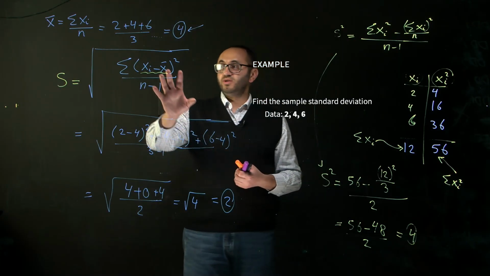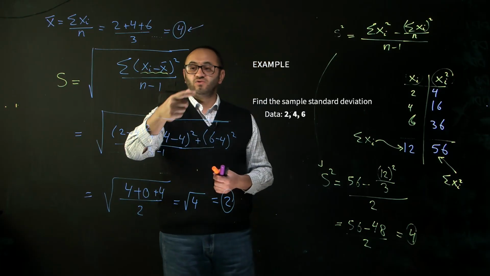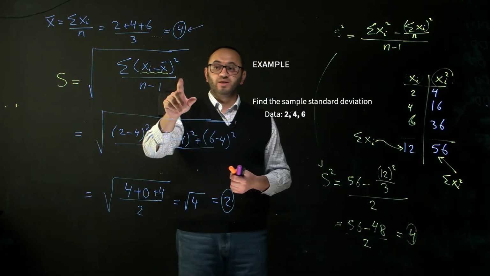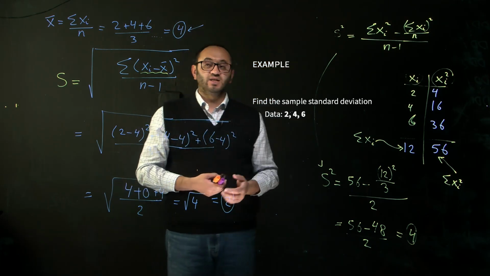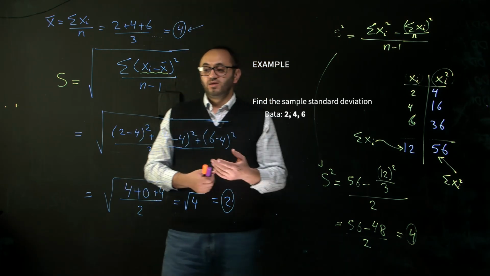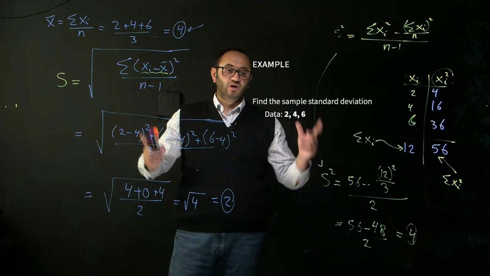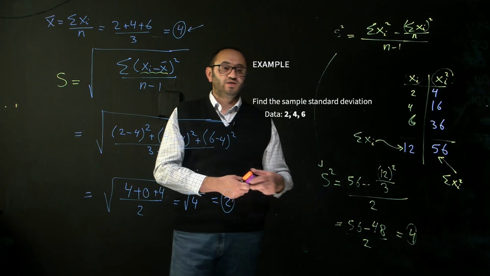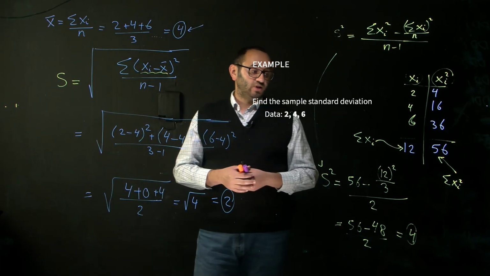For example, here in this example, our x bar is 4. It's very easy to calculate xi minus x bar and then square it. But suppose your x bar is like 4.17. So here you have to say 2 minus 4.17, and then you have to square it. So you have to use your calculator sometimes to square that number. So it takes more time.